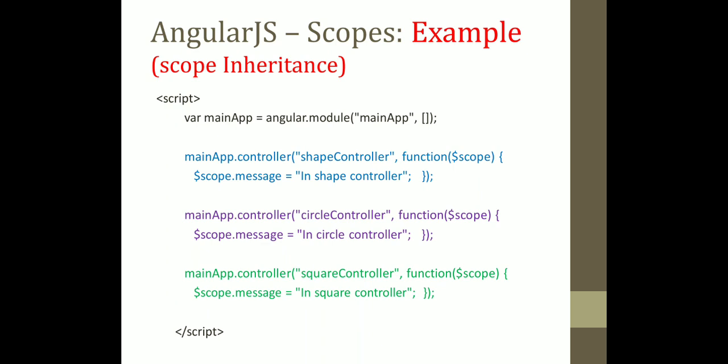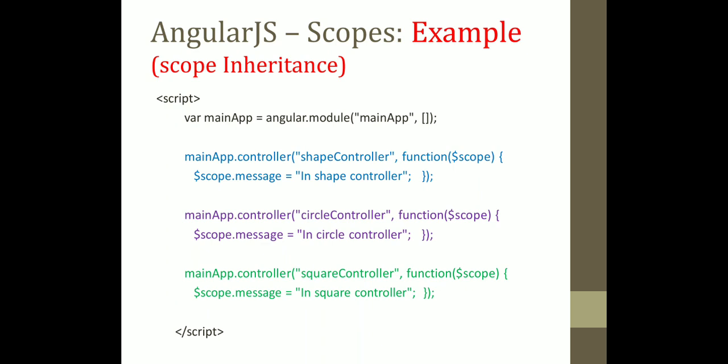Okay, so this is nothing but we are defining the property. Like here we can see the $scope.message. This message is the member variable and its value is defined using this $scope object.